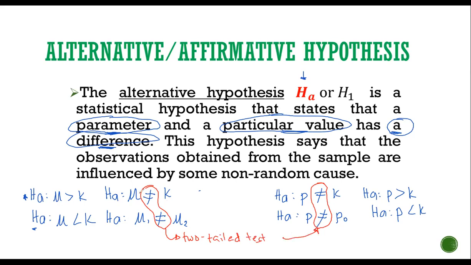Once again, if your alternative hypothesis has an equal sign, wala siyang direction, it's two-tailed test. If meron siyang direction, yan, may greater, may less.